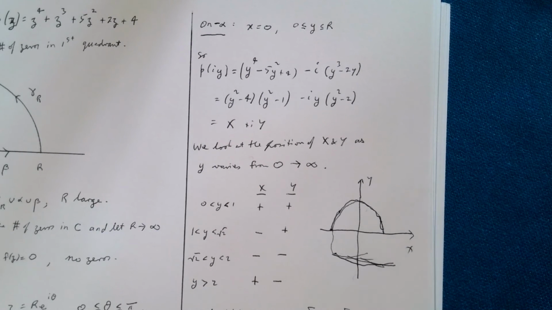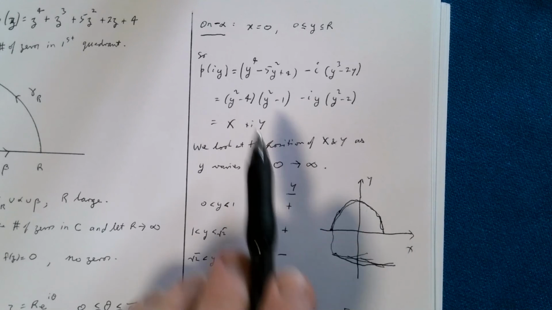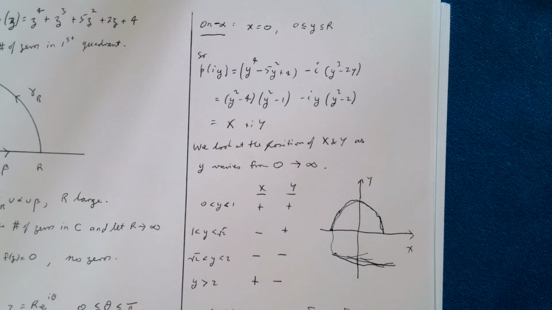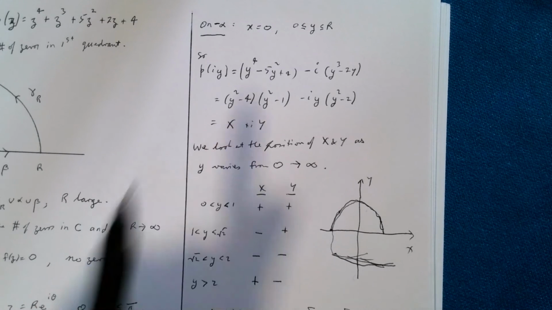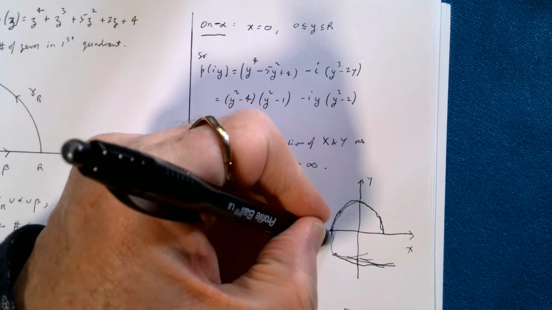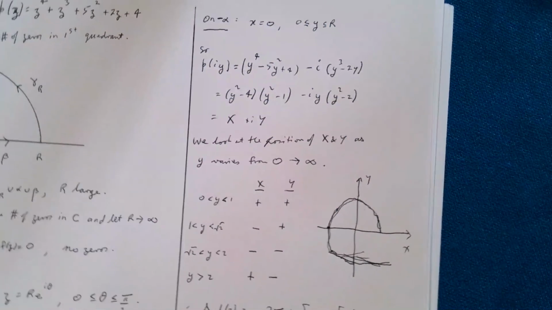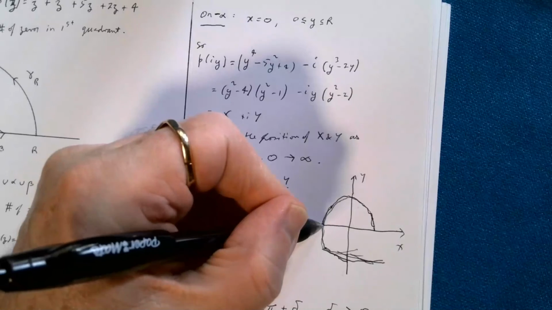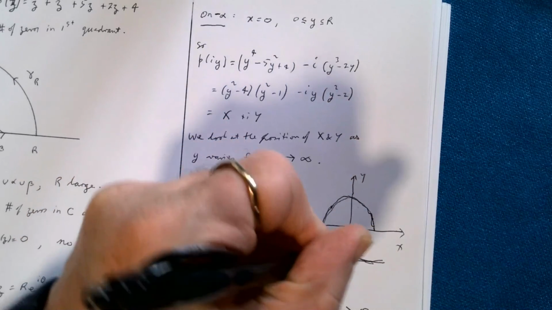Similarly, if we go between root 2 and 2, these are all the critical points, of course, of the polynomials here. So between root 2 and 2, same argument, the x is negative, y is negative. And again, at 2, x will be 0, and so y will be down here somewhere, so it's wandering down here. These won't be circular, but there'll be some sort of curve wandering down here.